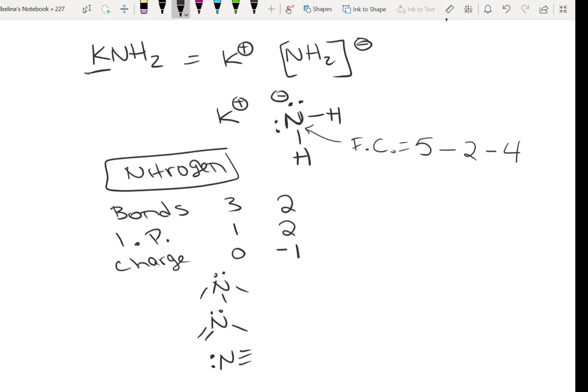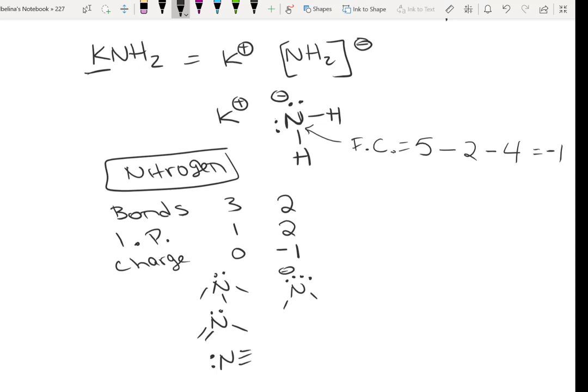Each electron counts there for the lone pairs. So I get a -1. So 2 lone pairs and 2 bonds. I'm only going to show that example because that's commonly what we see.